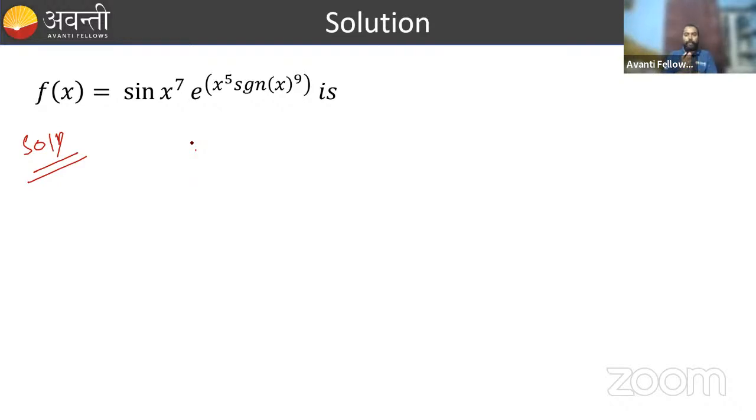Now we need to verify whether it is an odd function or an even function. What are the conditions to verify whether a function is even or odd? For even, the condition is f of minus x gives you f of x.